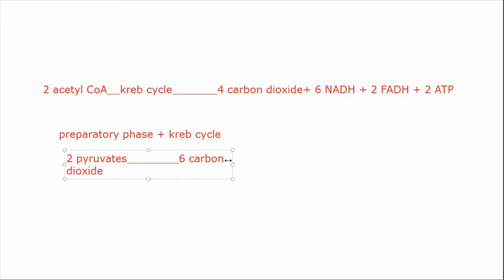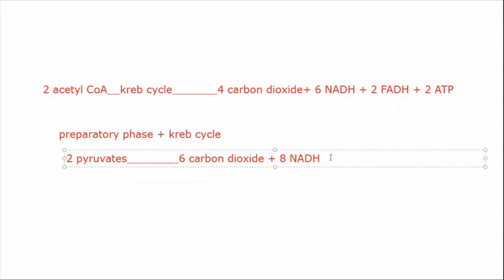We are doing, guys, the total of the preparatory phase and Krebs cycle both together. So 2 pyruvate will give me 6 carbon dioxide plus 8 NADH. Why 8? Because I had 2 in the preparatory phase and 6 in the Krebs cycle.